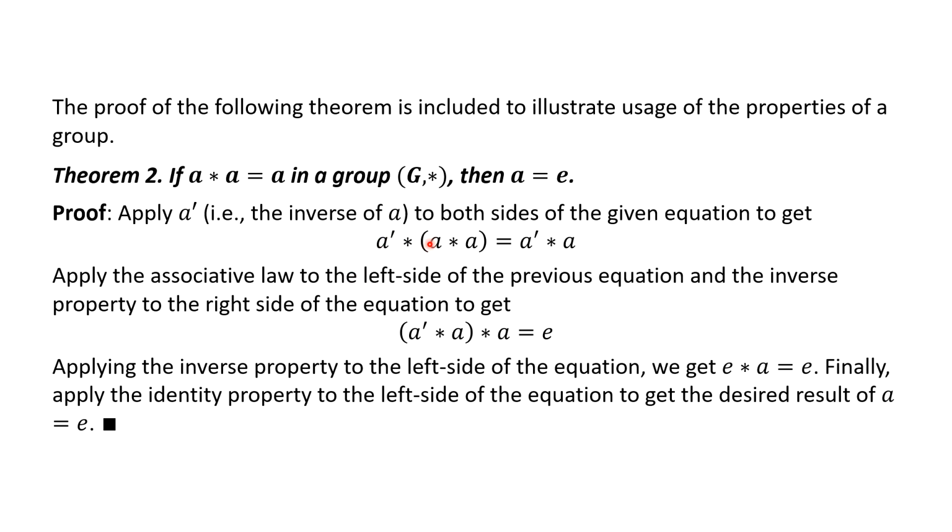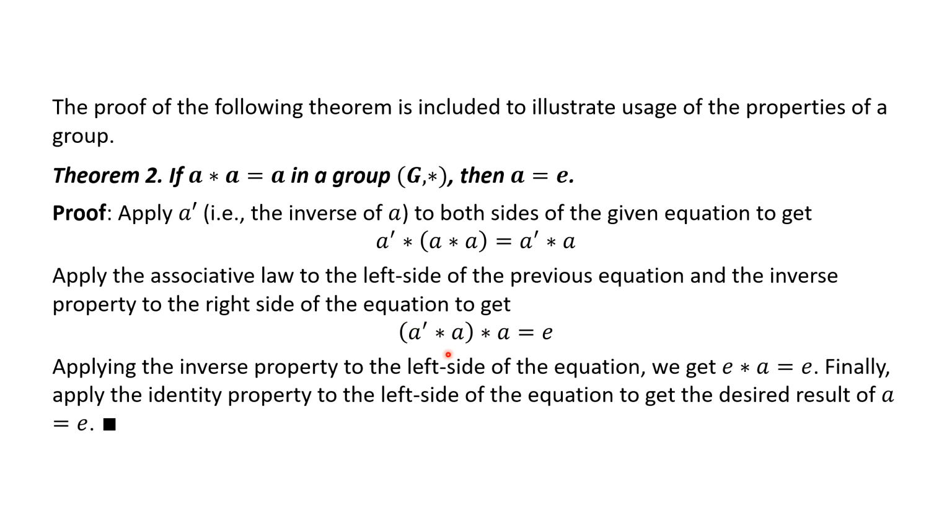Then we work on each side here. On the right side, this is by definition the identity, and on the left side we use the associative law to group the first two terms together, and then have the third term separately.